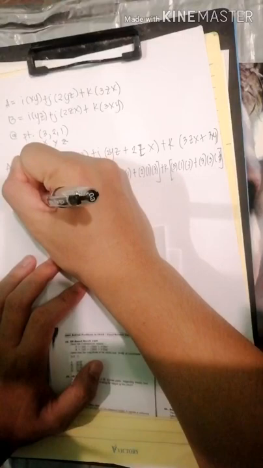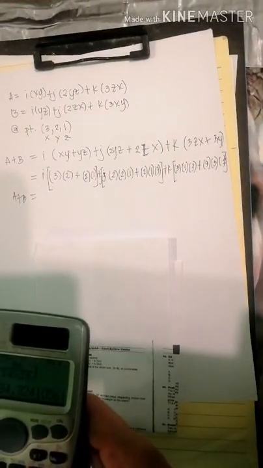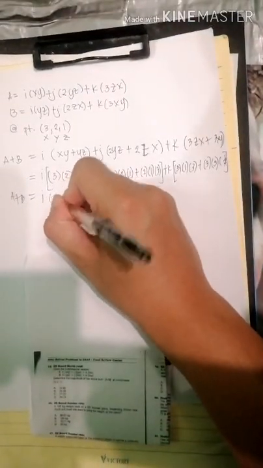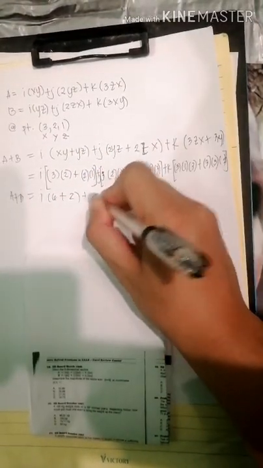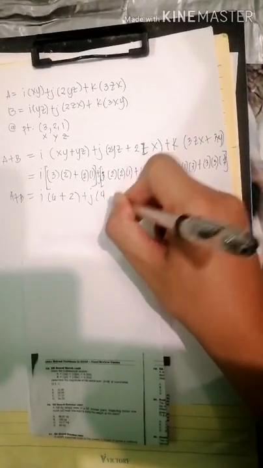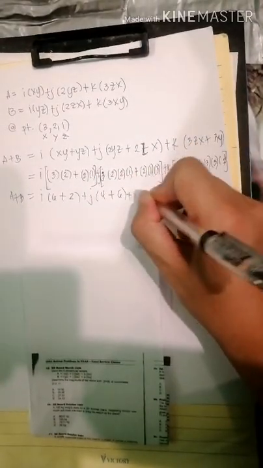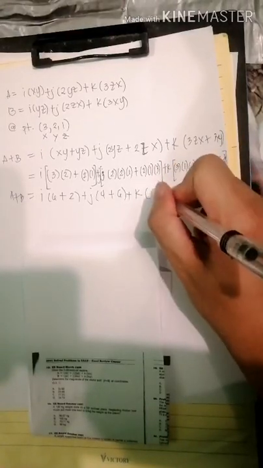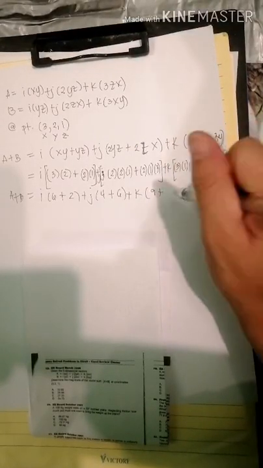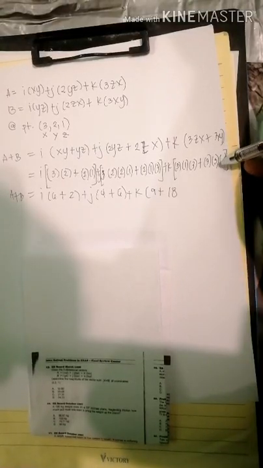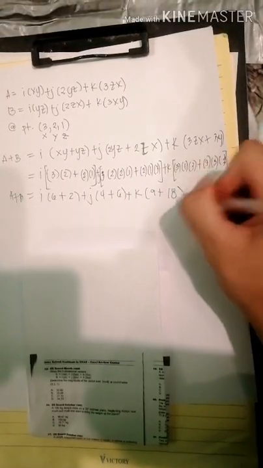So A plus B equals i (6 plus 2), j (4 plus 6), k (9 plus 18).